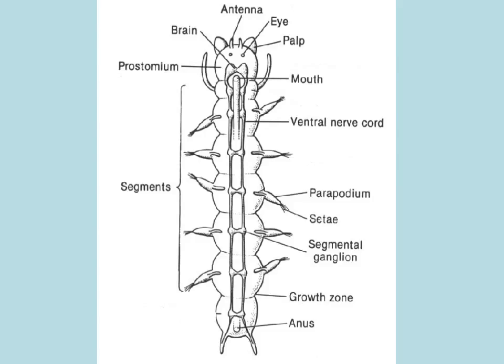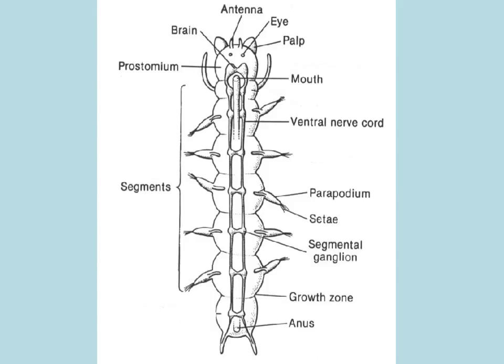If we start at the rear end, you'll see that there is the growth zone just in front of the last segment, and that is where segments are added. So segments grow and get repeated at the tail end of the animal.